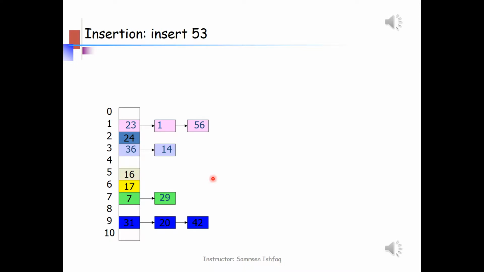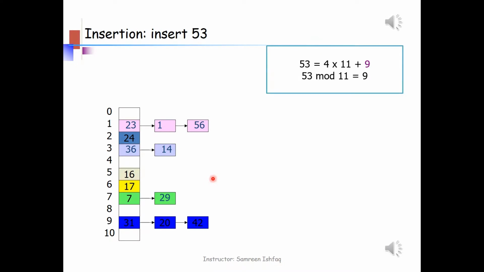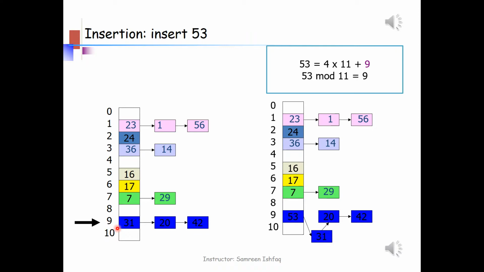Now we will insert 53 in this hash table. 53 mod 11 is equal to 9. As you can see, bucket 9 or slot 9 is already filled, so collision occurs. We will resolve this by adding 53 at the start of this list. Why are we adding a new element at the start of the list?